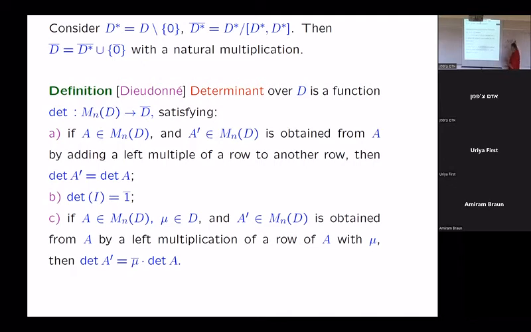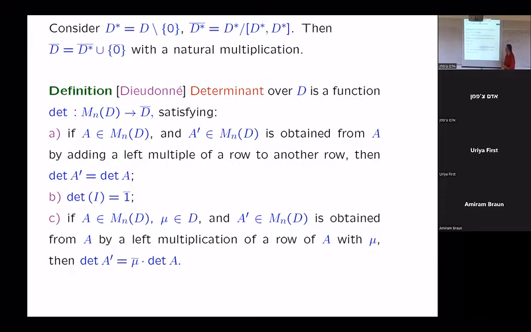So the natural way to obtain something commutative from a division ring is to take the quotient by the commutator, and this will be the minimal commuting object by some group theory result. And then you naturally add 0, and it turns out that the following function exists and is unique. And this is the Dieudonné determinant.